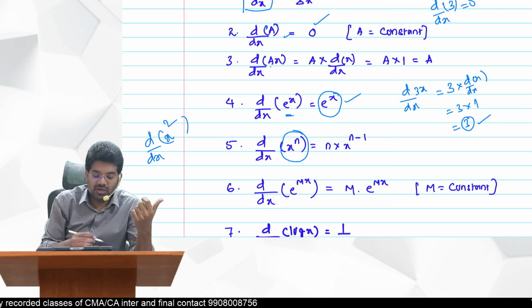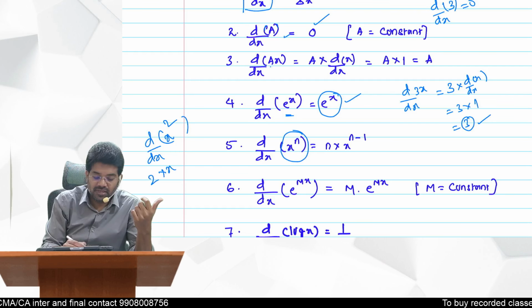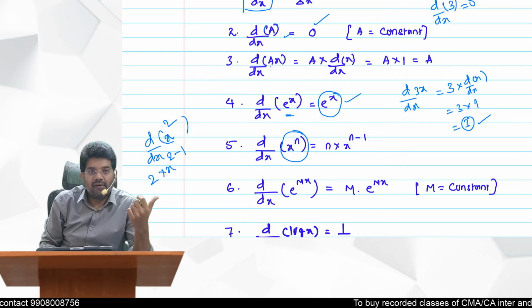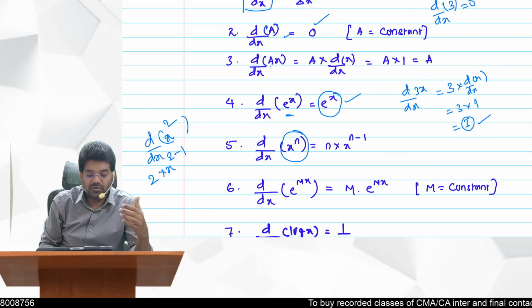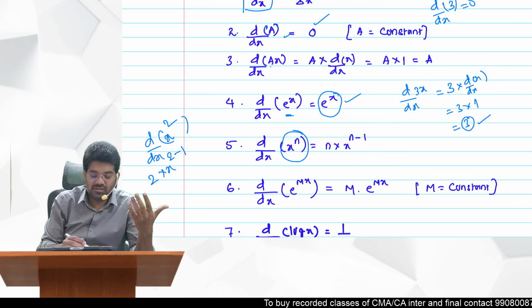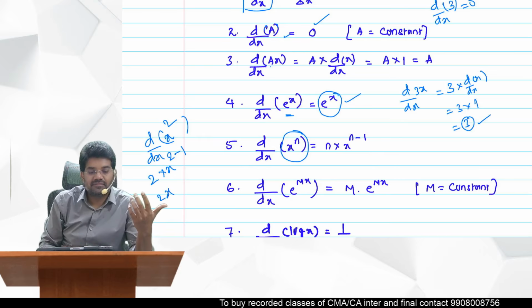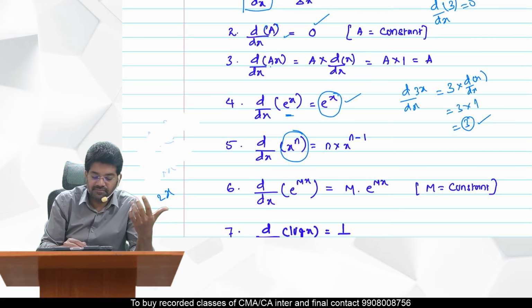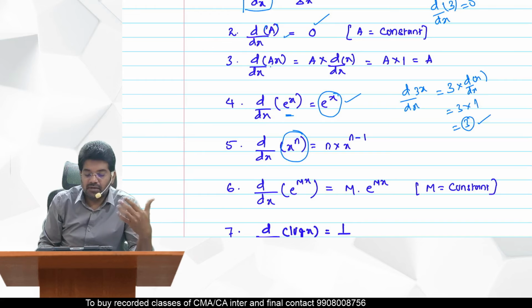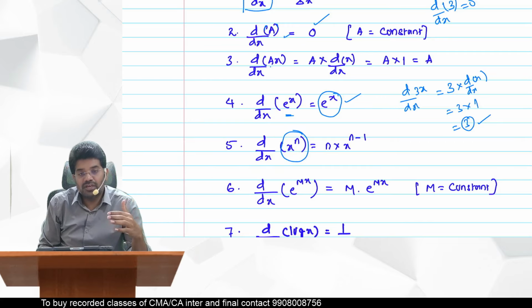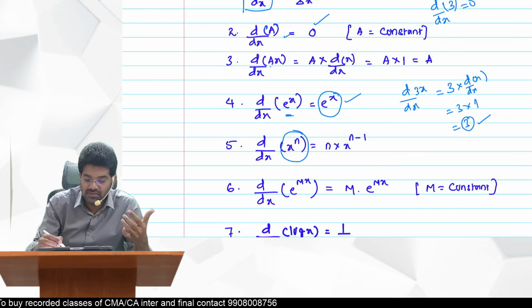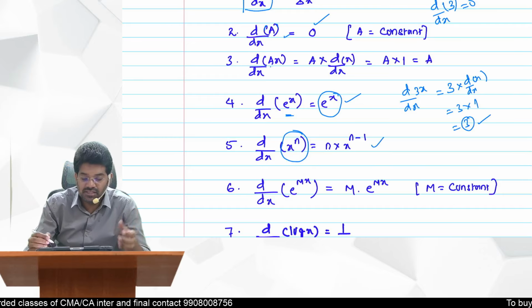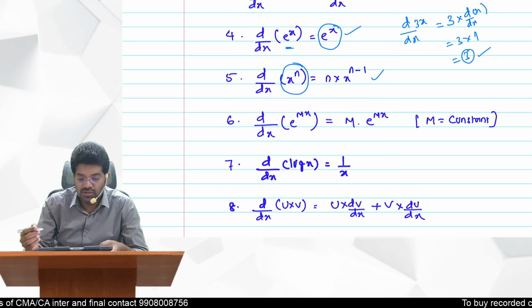Then tell me what the answer is. 2 into x power 2 minus 1, so 2x. So n into x power n minus 1. Remember this formula: d by dx of x power n is n into x power n minus 1. Very important, especially when you get squares or cubes.